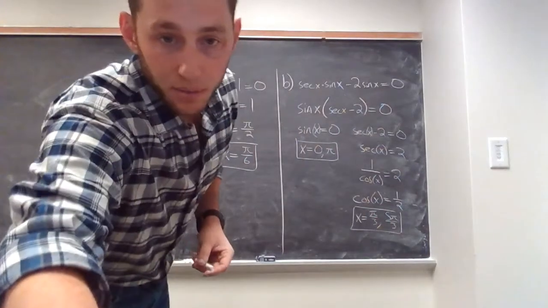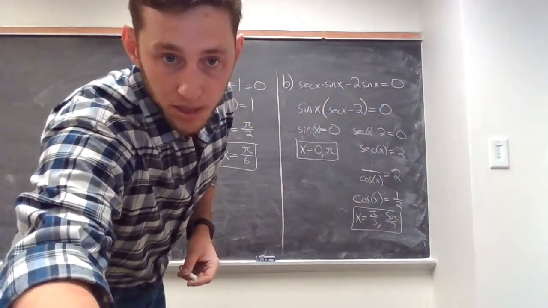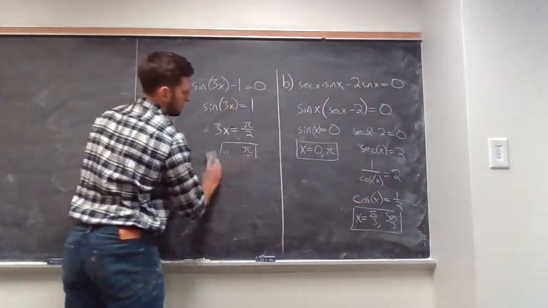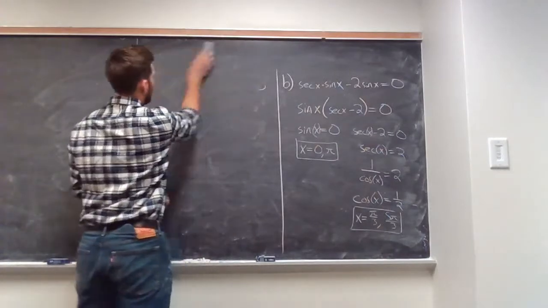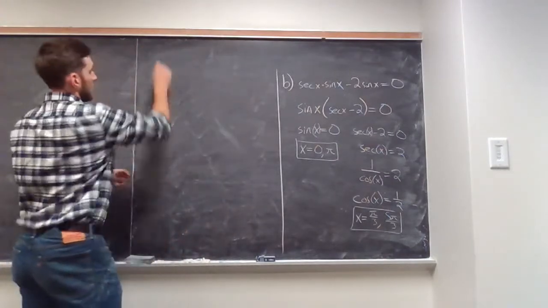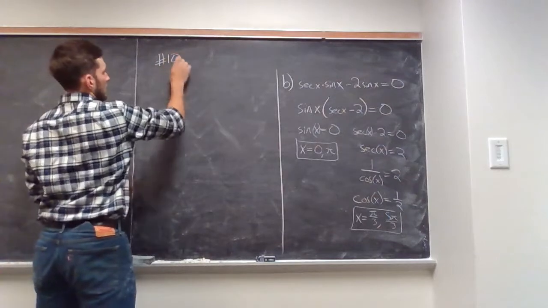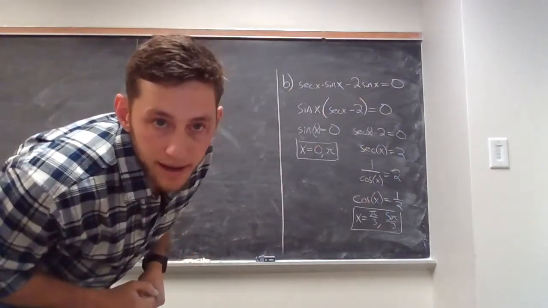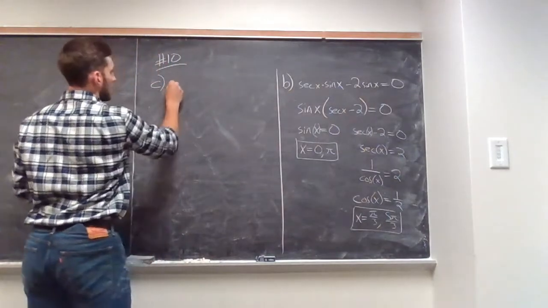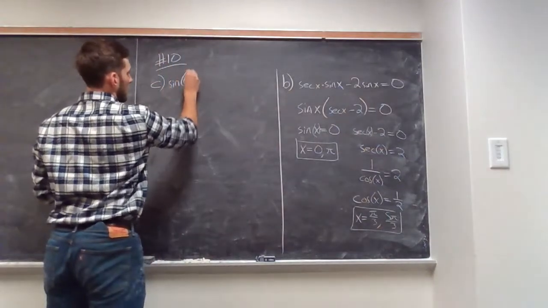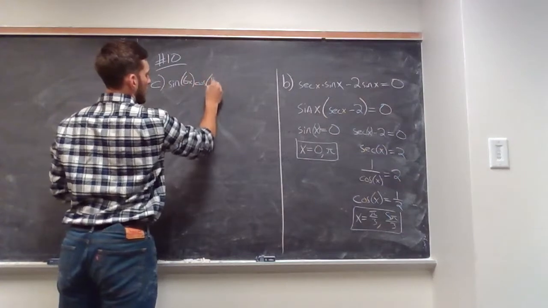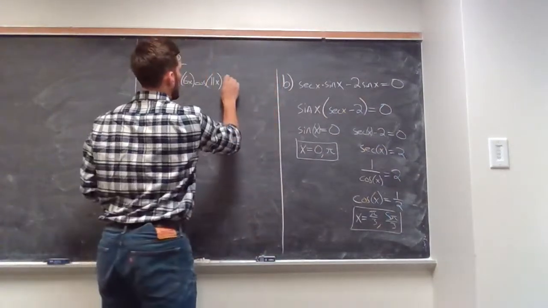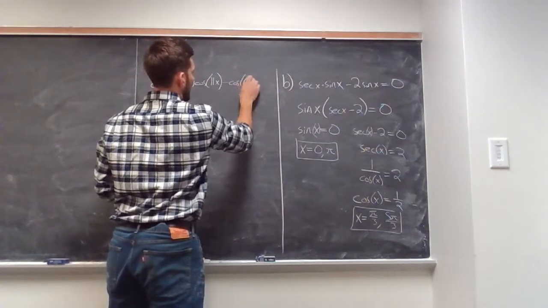Allow me to go ahead and write up the remaining portion of the review. Pause here if you need to. So number 10 still. Part C is now sine of 6x cosine of 11x minus cosine of 6x sine of 11x equals negative 0.1.